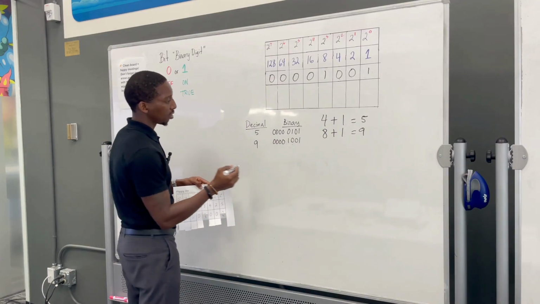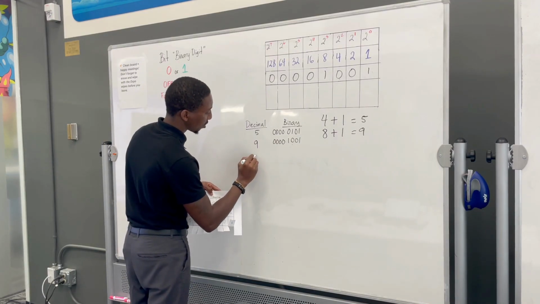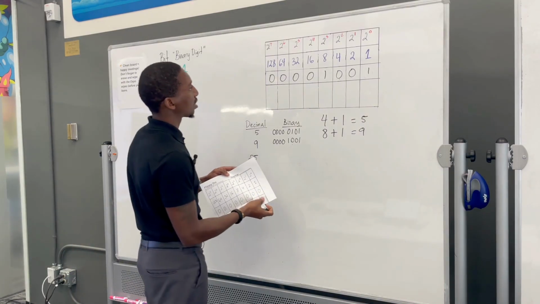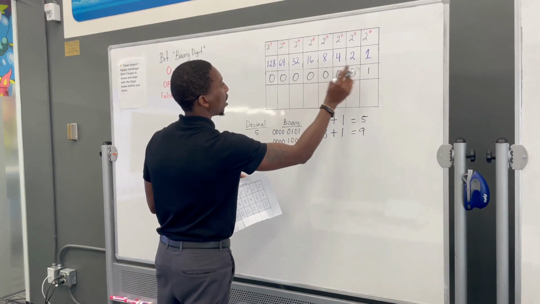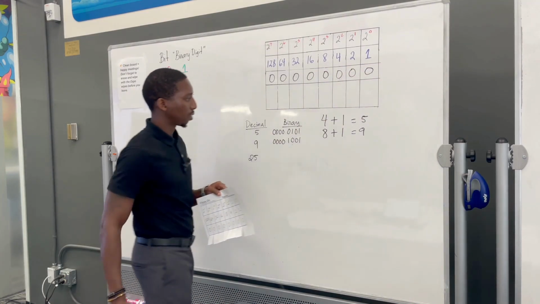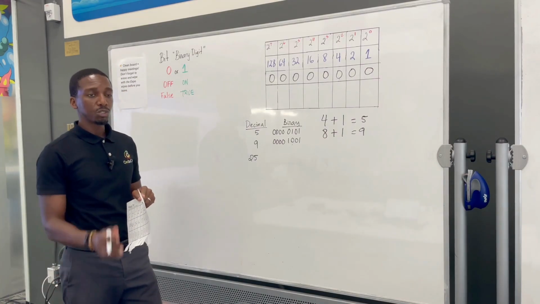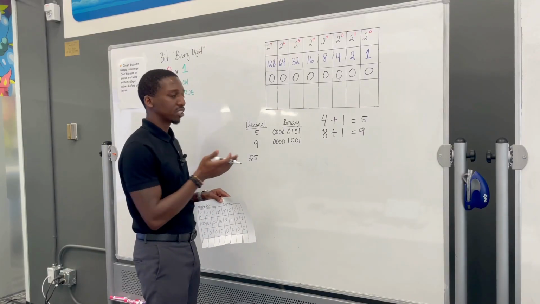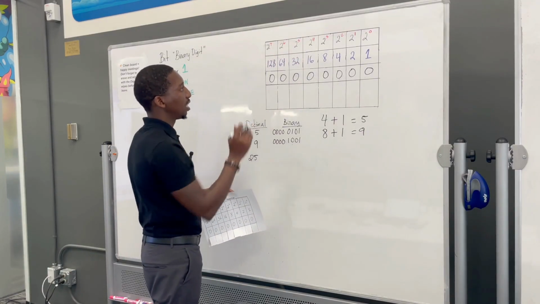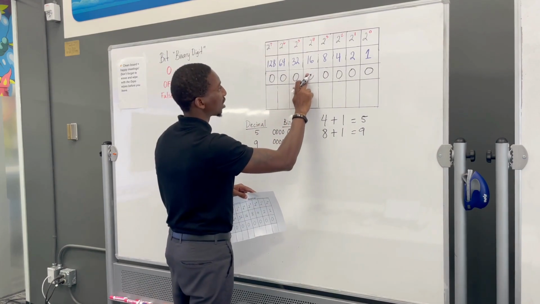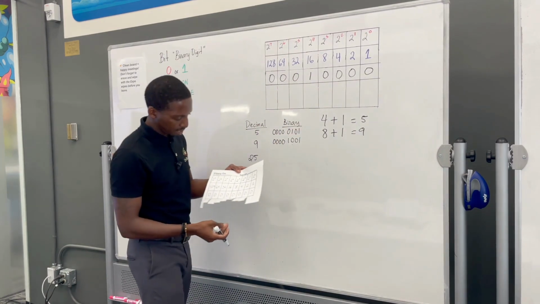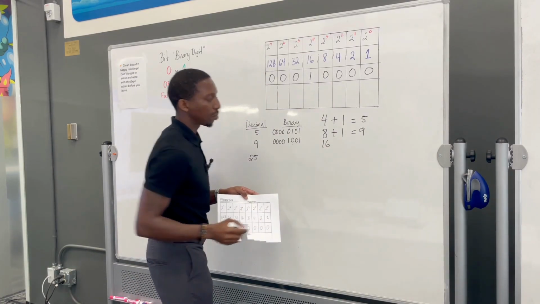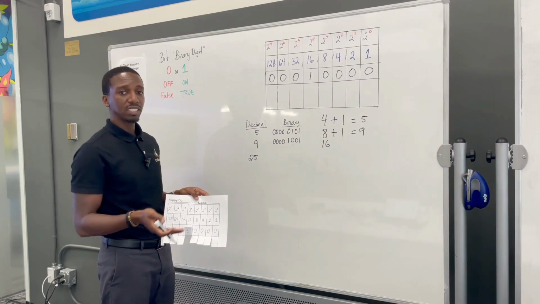So the easiest way I'm going to do this, let's say we do the number 25. All right? 25. So let's reset our Flippy Do. So we know 25 goes up to 32 because 32 is bigger than 25. So therefore we start with 16. I'm going to flip over 16. How much do I have left? Well, 25 minus 16 is 9.